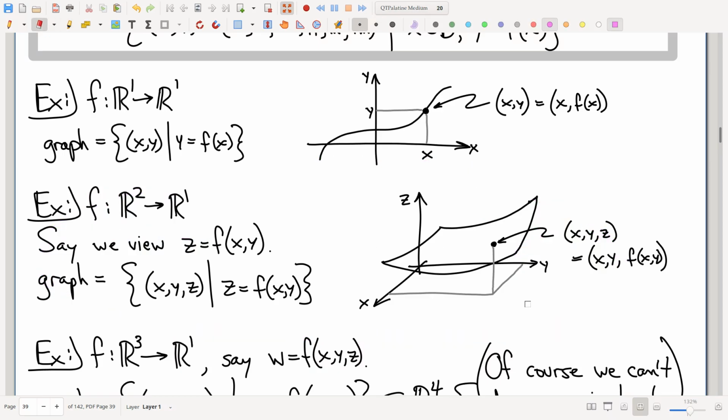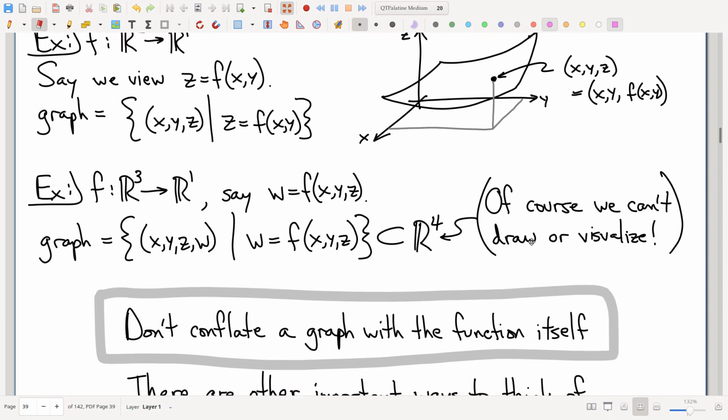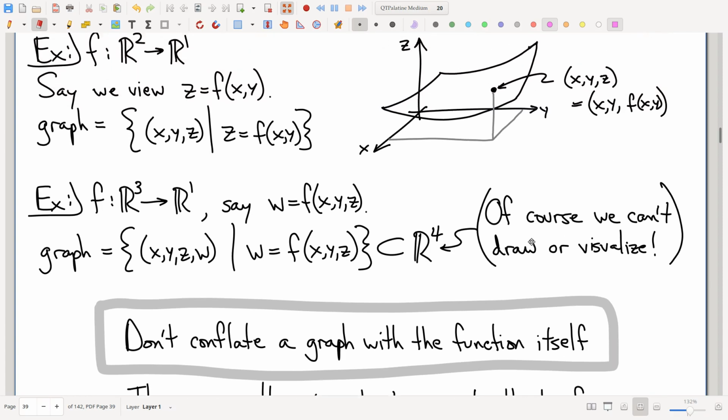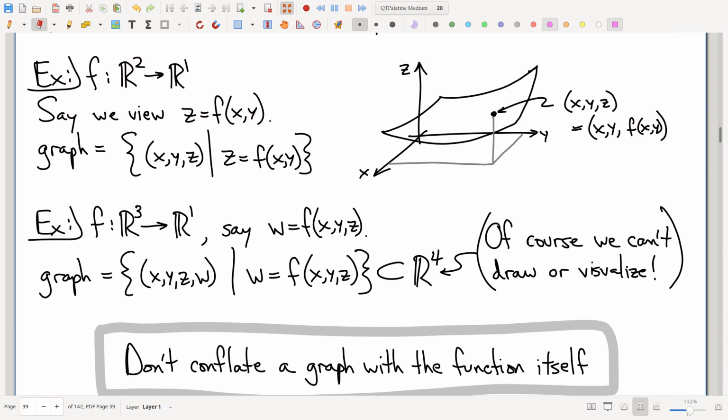Okay. All right. Now, let me try to break you of a possible dependence crutch, using graphs a little too needfully. So let's think about this function right here. Right now, 3 inputs, 1 output.